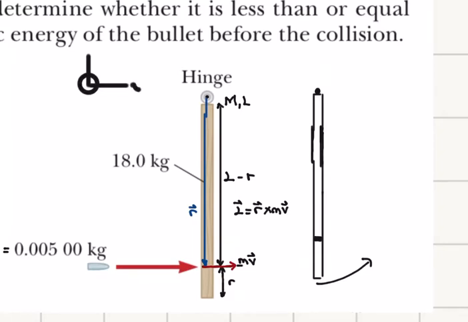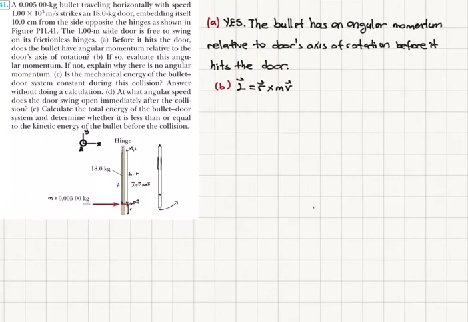If this is my x-axis, this is my y-axis, and the z-axis is coming out like this, I will find that the angular momentum from r cross mv should be in the k-hat direction, because when I curl my fingers pointing from the hinge to the point of application of the impulse and curl my fingers towards the linear momentum, the thumb points in plus k-hat direction. So there will be an angular momentum in plus k-hat direction.